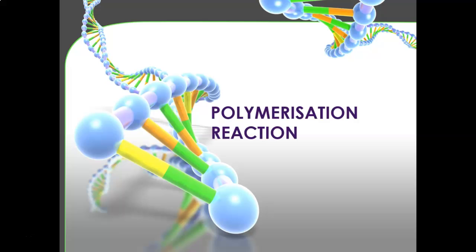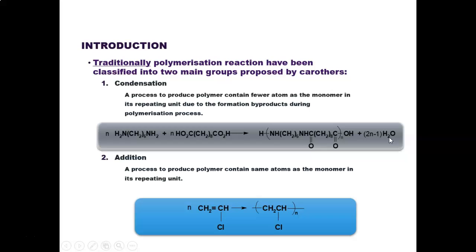Our lecture today, we will cover chapter 2 of PST 431, which is polymerization reaction. Now, let's look at the first slide. Okay, for the introduction, traditionally, polymerization reactions have been classified into two main groups proposed by Carothers, which are condensation and addition polymerization.